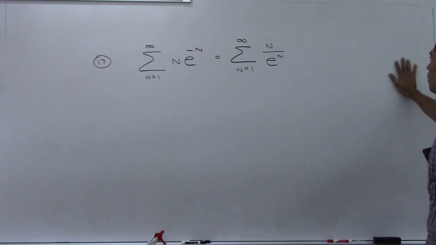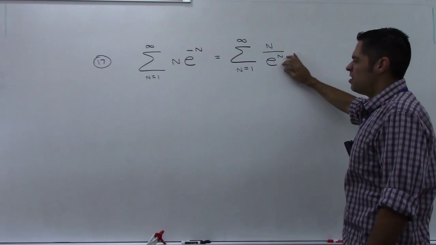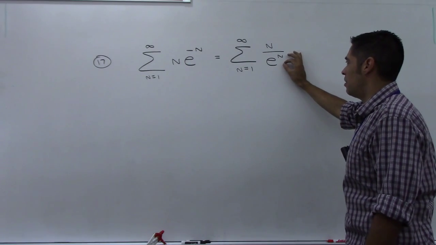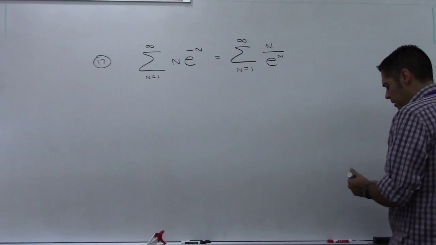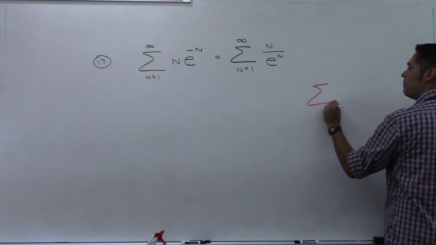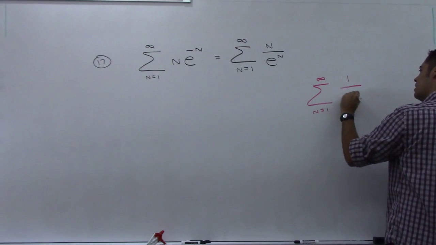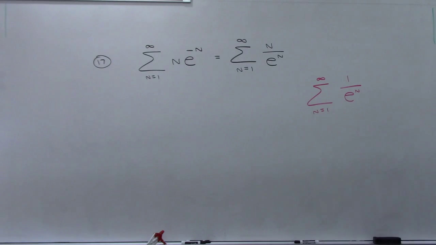There's not a whole lot more I can say about that. You might think, okay, well, n is linear and this is a huge exponential function. So maybe I could compare this to something like the sum, n equals 1 to infinity, of 1 over e to the n. You could maybe compare it to that.